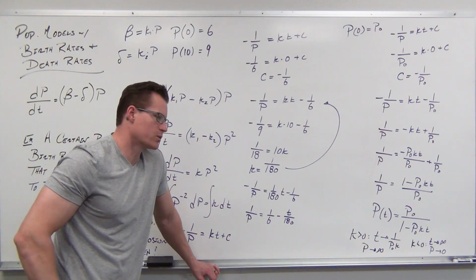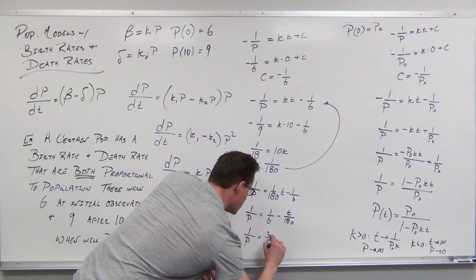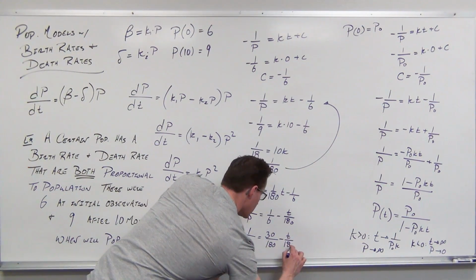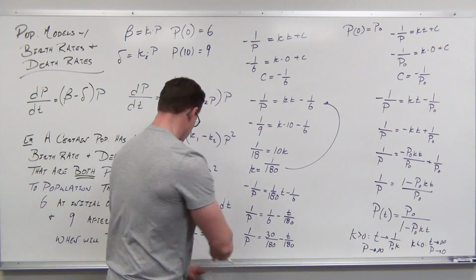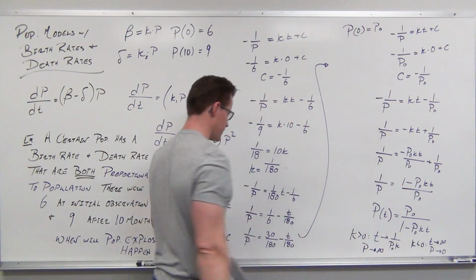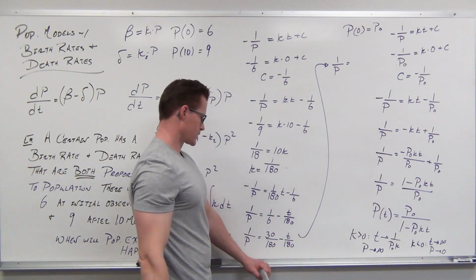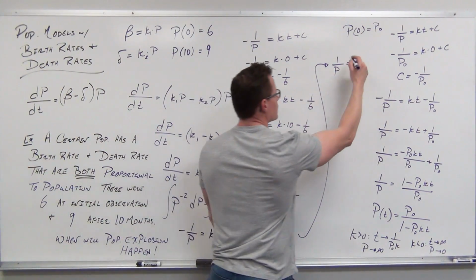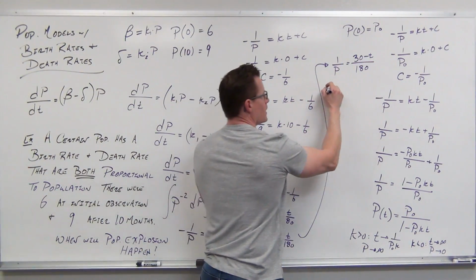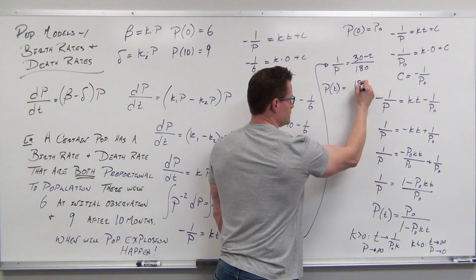So let's see, that would be multiplied by 30. If we make one fraction there, we're going to get 1 over P equals 30 minus t over 180. Reciprocate. And we have a specific function that models this specific population.